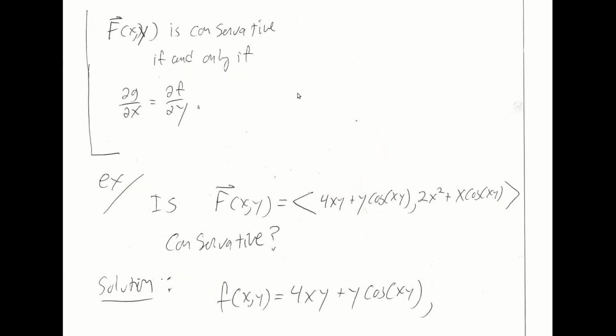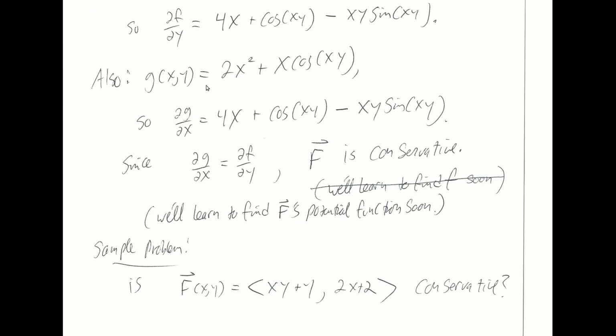Little g is my other component function, so here it is, 2x squared plus x cosine xy. I take its partial with respect to x. So this is the partial of the second component function with respect to the first variable. Taking that partial with respect to x, again, there's a simple polynomial, easy enough. There's a product rule involved in differentiating this with respect to x.